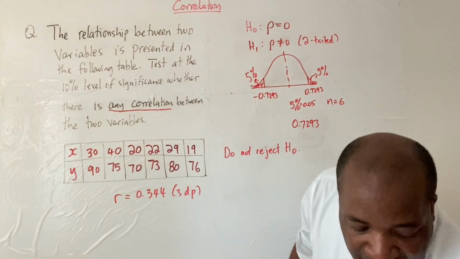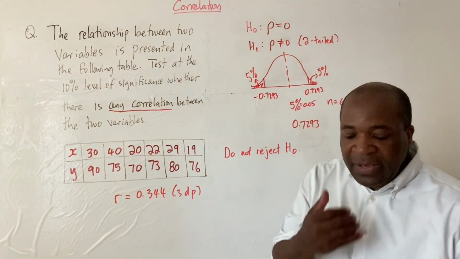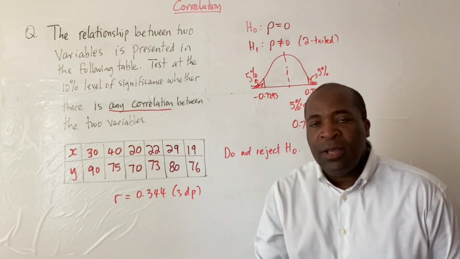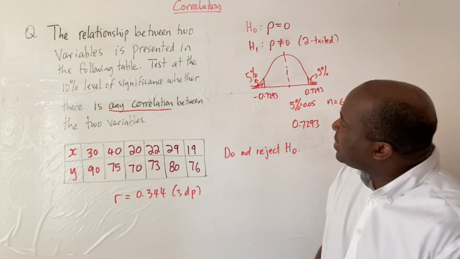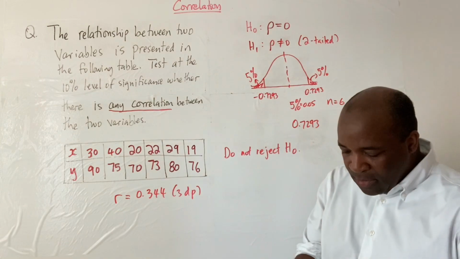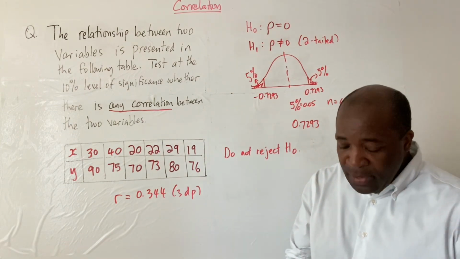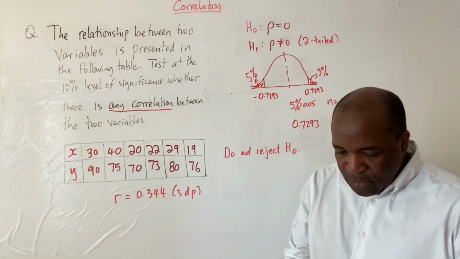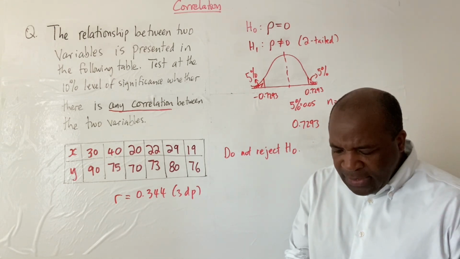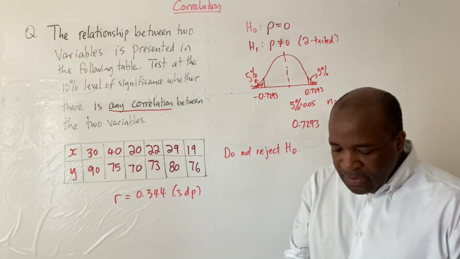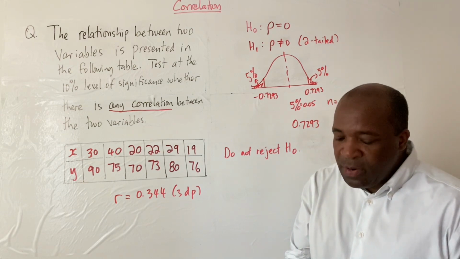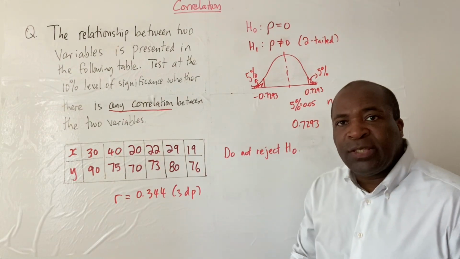Now, some of you might have the FX9850 GC+, and I think the options should be quite similar in terms of calculating R. Let's just go through that. It should be similar to your CG50. If we go to statistics, it will bring up the table. Make sure list 1 and list 2 are cleared.